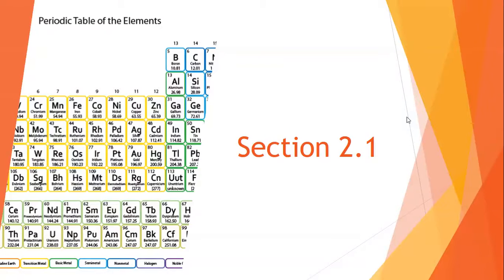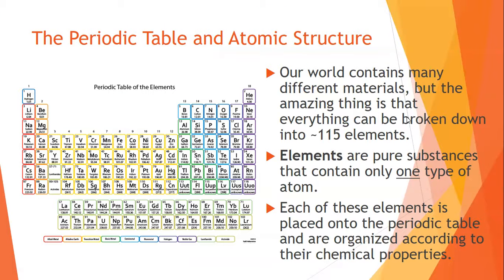Okay, so what we're going to look at today is how we arrange these atoms on something called the periodic table. So everything in our world, really, I'm going to stretch it here, everything in our universe is made up of only a few building blocks, right?